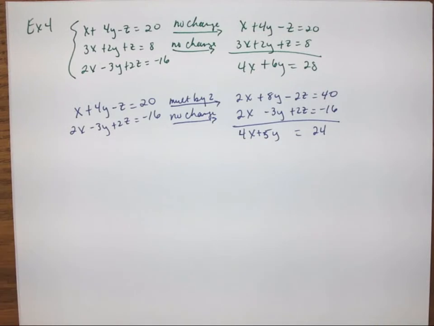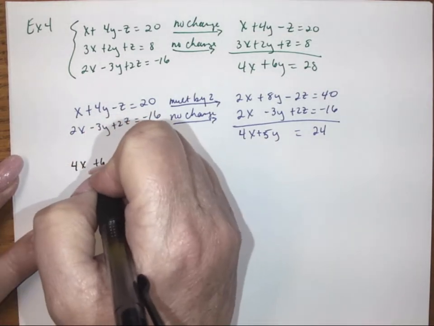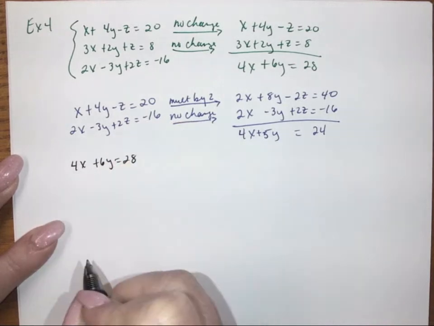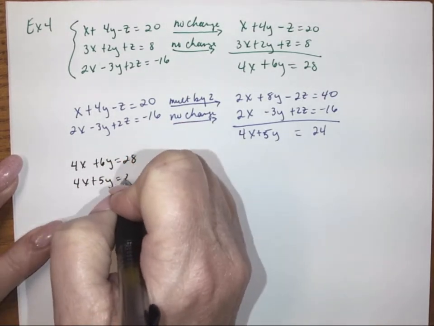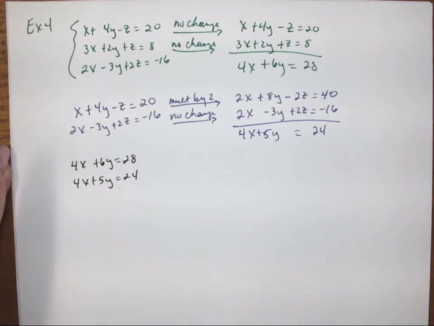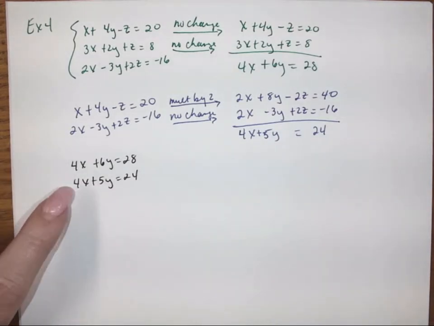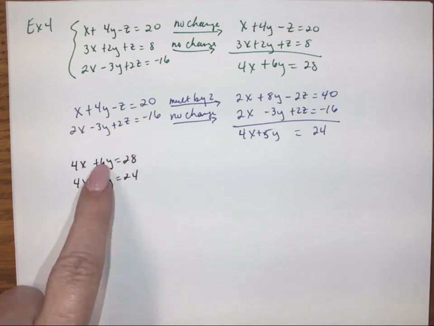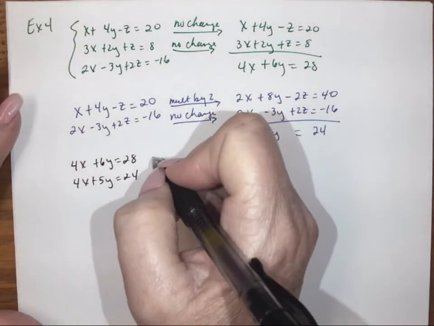So let's go rewrite our equations. So we have 4x plus 6y equals 28, and we have 4x plus 5y equals 24. So all I have to do is multiply one of them by a negative 1. This one has lower numbers than this one, so I'm going to multiply the second one by negative 1.